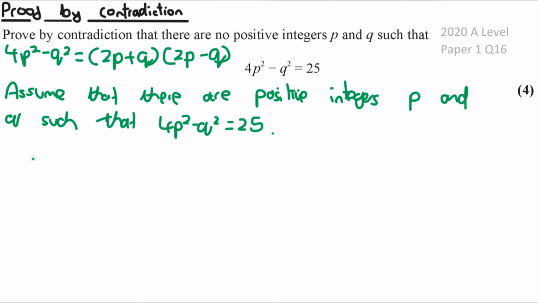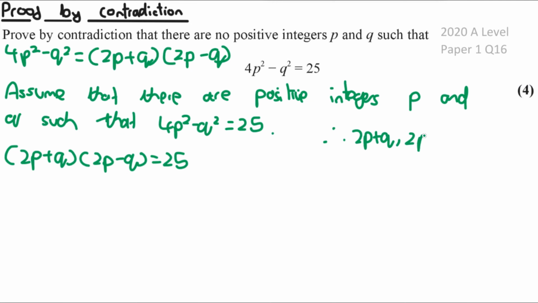So therefore we can write this as 2p plus q, 2p minus q is equal to 25. So firstly, we need to realise that 2p plus q and 2p minus q, if there are positive integers p and q, therefore these are also integers.